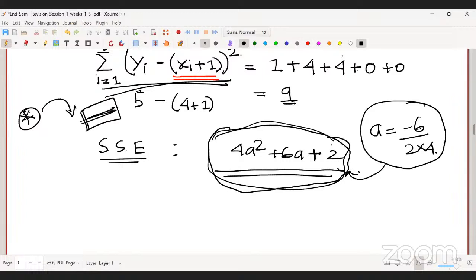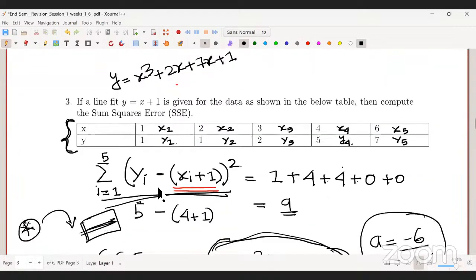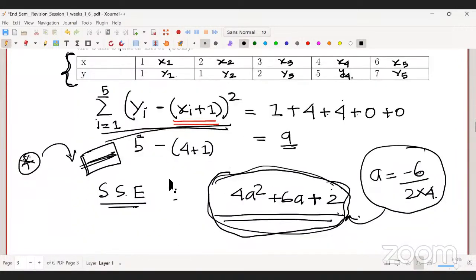So you must have seen this type of question, right? Yes, sir. Yes. And in some cases, actually you may see some different functions. So some function like y equal to x cube plus, let's say, 2x square plus 7x plus 1. Okay. So then this expression will be slightly different.